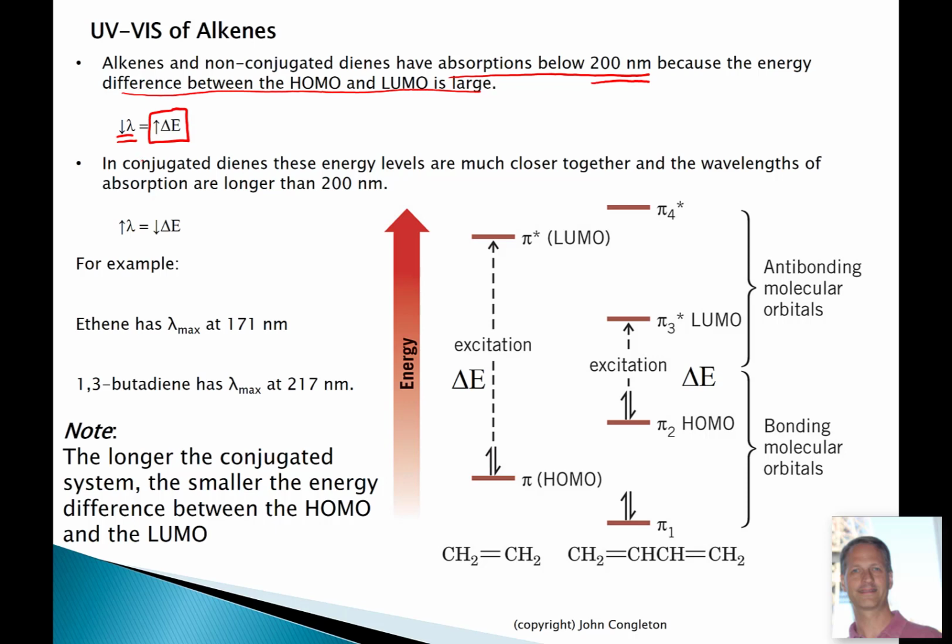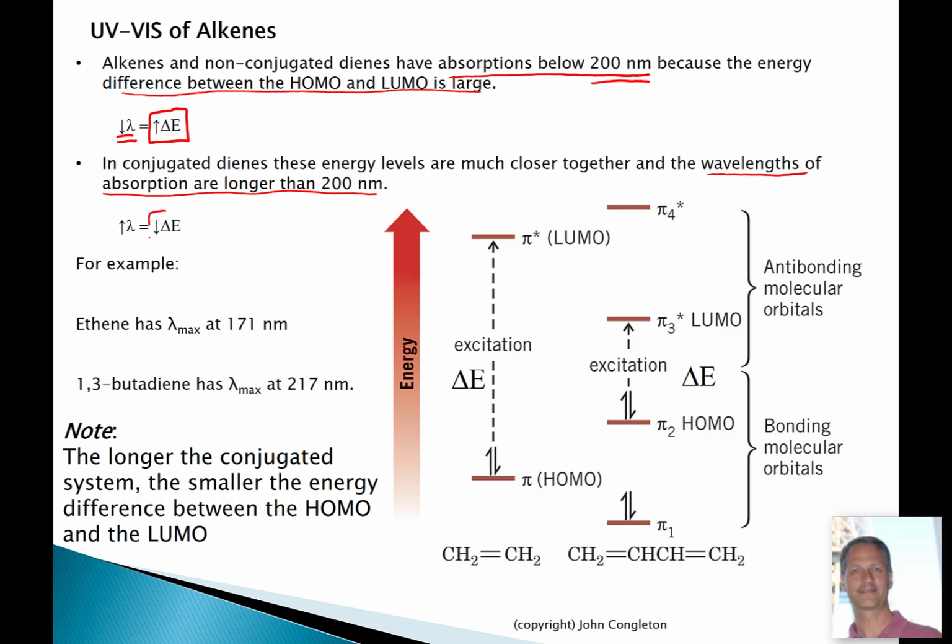Okay. Now in conjugated dienes, those energy levels between the HOMO and LUMO are much closer to each other, and because of that, the wavelengths of the absorption are longer than 200 nanometers. And remember that 200 to 800 is your UV-VIS region. So that is the target area that we're trying to get into if we want to see color.